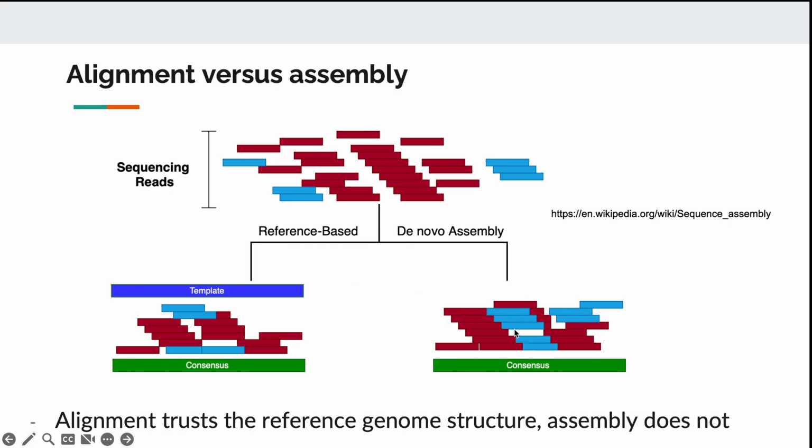In today's lecture, we're going to talk about assembly, where we try to reconstruct the genome without relying on a template. The key difference is that if you have a good reference genome, like human, mouse, or other model organisms, it's usually good enough to use the genome as a reference.